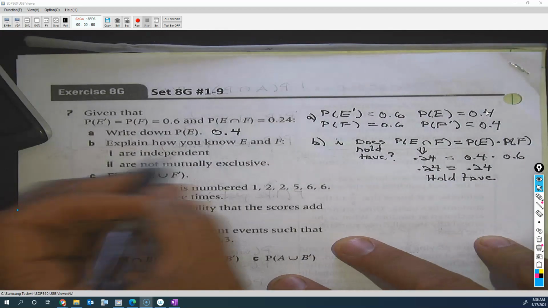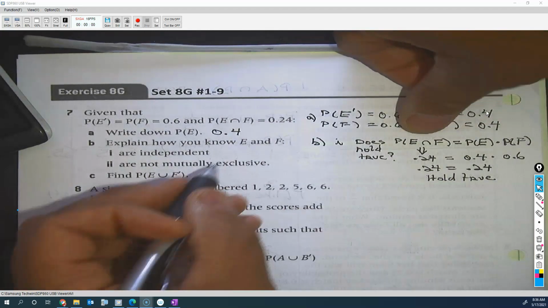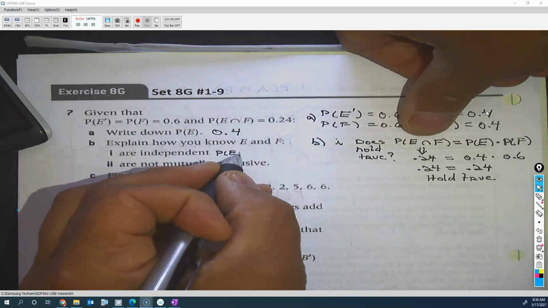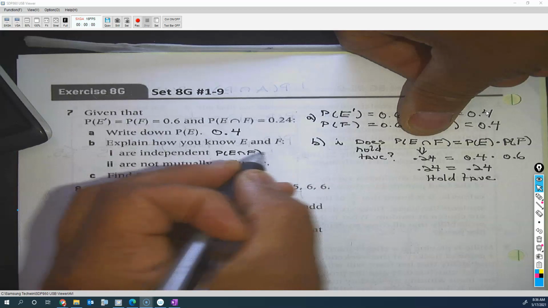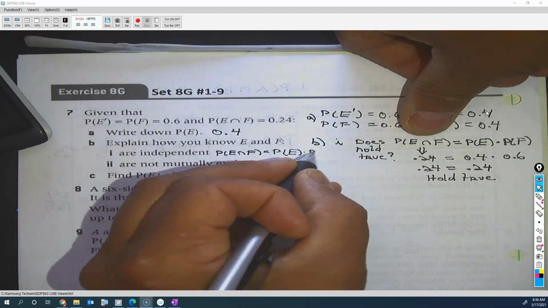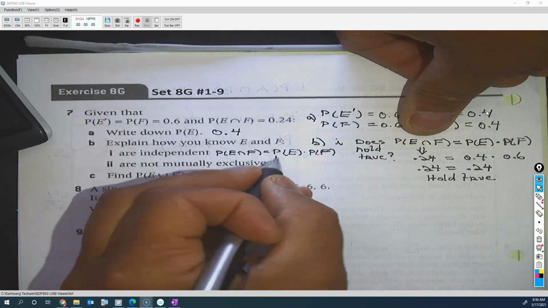Okay, so the way you know that this is equal is this statement right here. It holds true.